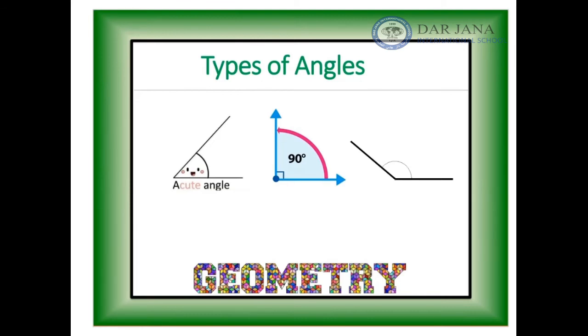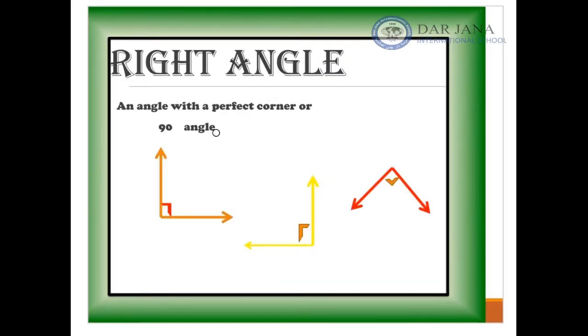Okay, now we're going to move to the types of angles. In this lesson I'm going to teach you three types of angles. The first kind is the right angle. The right angle is made up of two rays that have an L shape. If you look at these drawings, you're going to see the two rays have an L shape, but what makes this a right angle is the perfect corner.